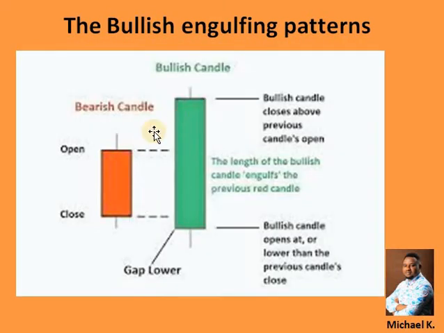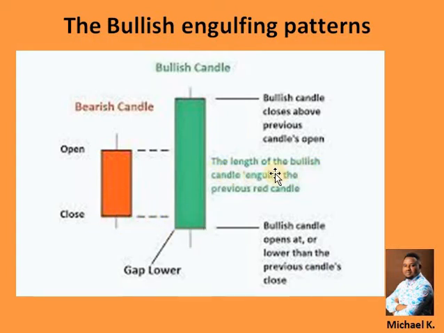The bullish engulfing pattern. The bullish engulfing pattern is just the opposite of the bearish engulfing pattern. Before a pattern qualifies as a bullish engulfing pattern, the bullish candle must open at or lower than the previous candle's close, just as we have here.